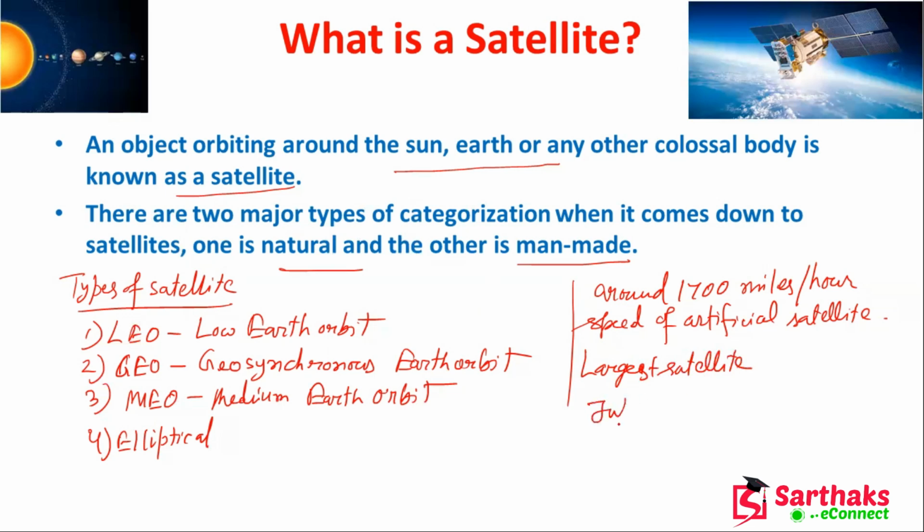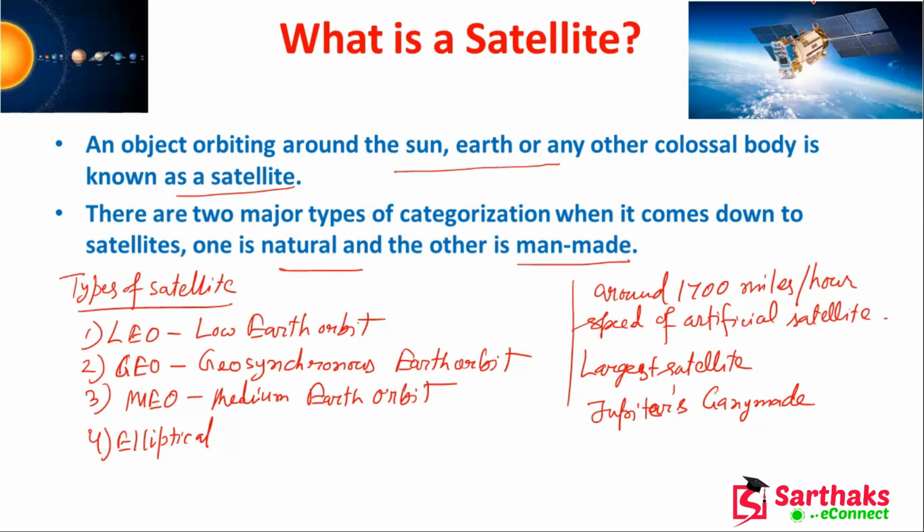It is 3,268 miles in diameter, and it and Saturn's Titan are both larger than the planet Mercury. In comparison, some satellites are quite small, but this is the largest natural satellite.